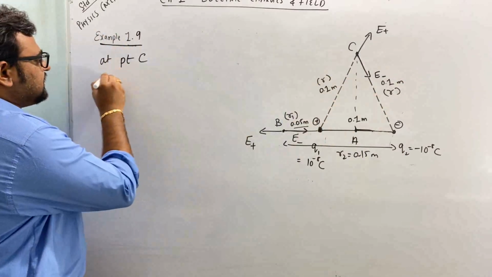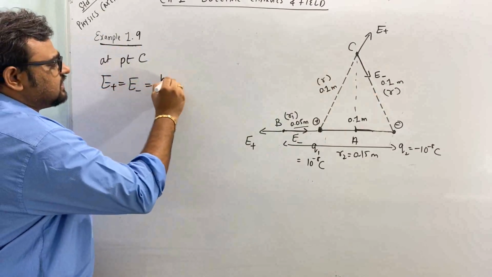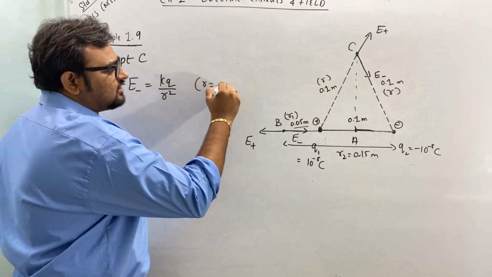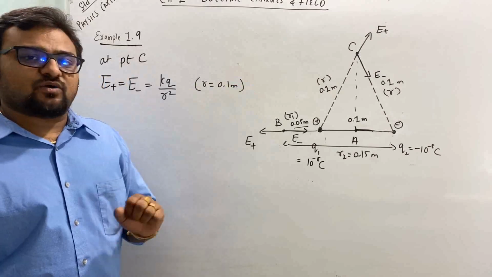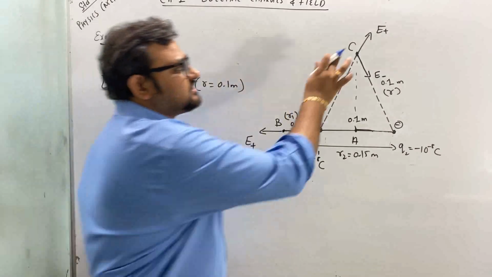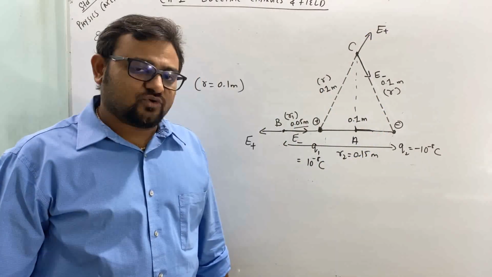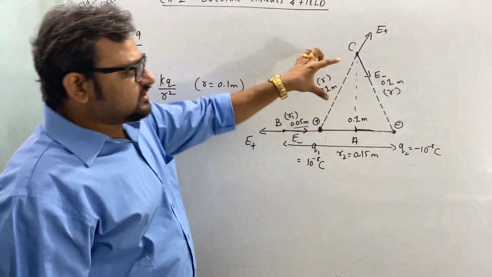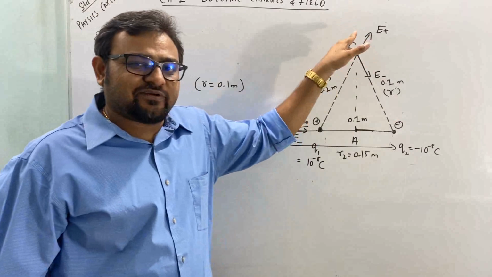Okay. So magnitude wise E plus will be equal to E minus, KQ by R square. What is the value of R? 0.1 meter here. Clear? This distance is 0.1, this is 0.1, this is 0.1. So this becomes an equilateral triangle.